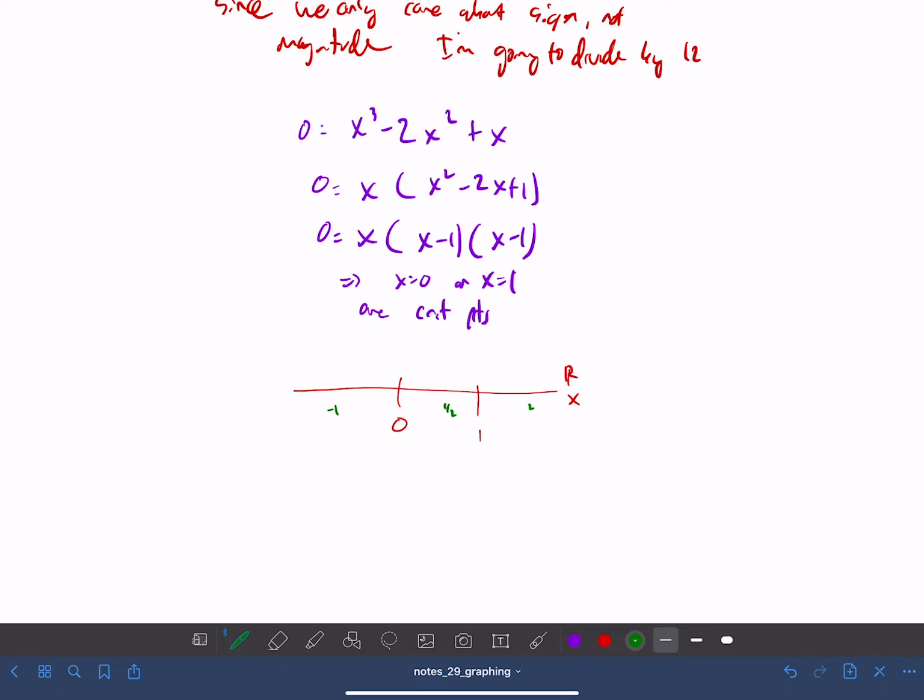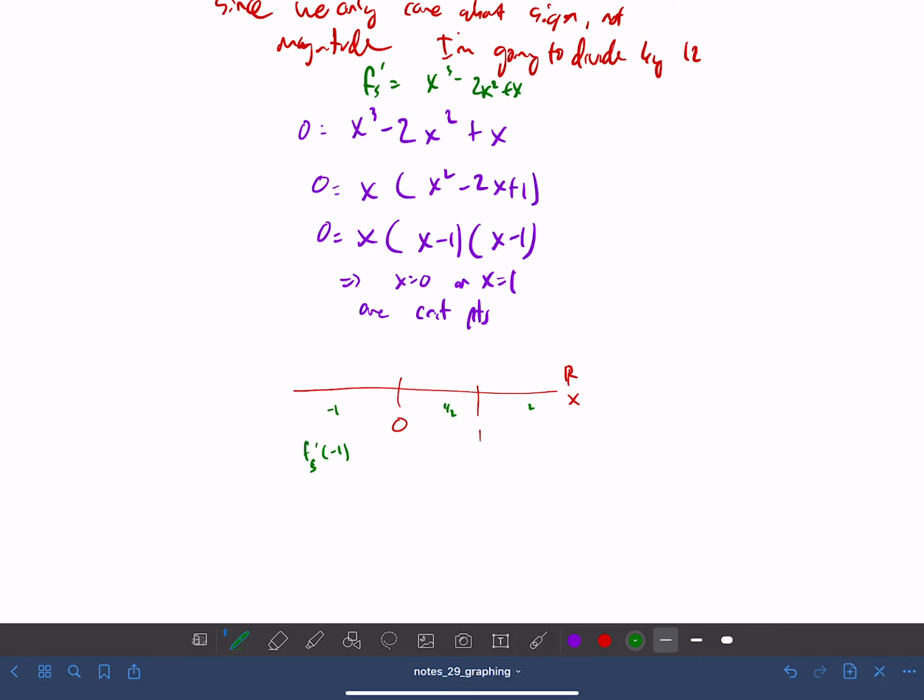Those are going to be my test points. F prime at -1, again I'm working with the scaled version. So let's call f sub s prime equals x cubed minus 2x squared plus x, because the sign of f s prime is the same as the sign of f prime, because one is scaled by a positive number of the other.